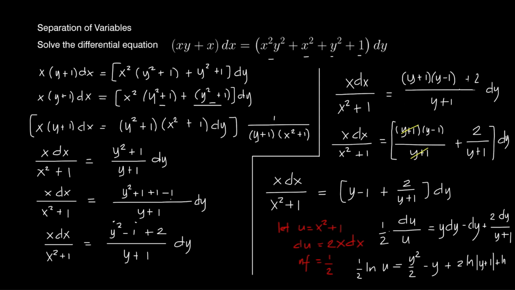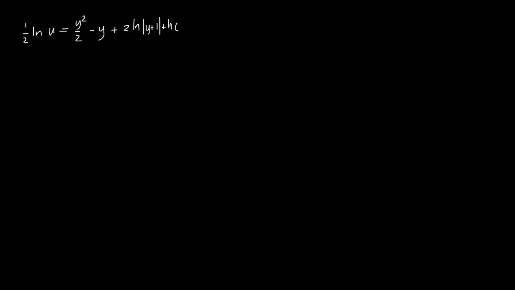Okay, so it's just a matter of simplifying this and substituting back the value for u, which is x squared plus 1. Let's copy that here and multiply everything by 2. We will have ln of u equals y squared minus 2y plus 4 times ln of, we can combine this, that can be written like this, c times (y + 1), according to the law of logarithms.